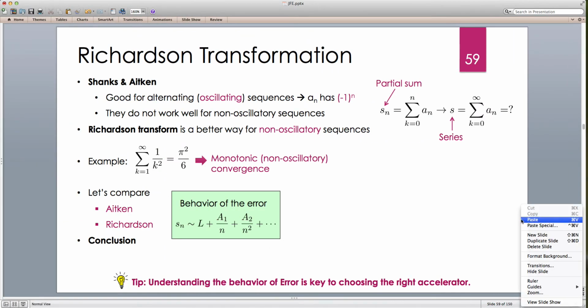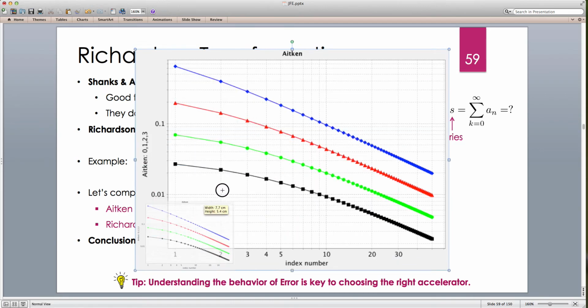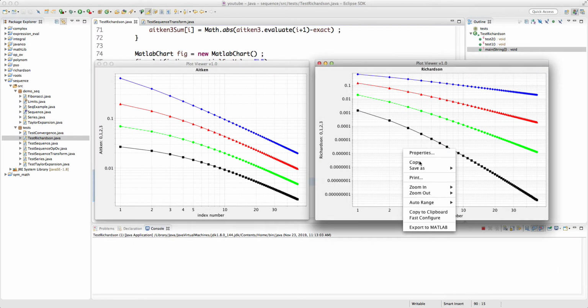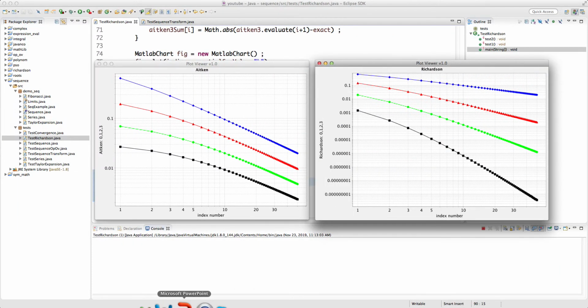So we have this one, which is Aitken, and the other one, which is Richardson.